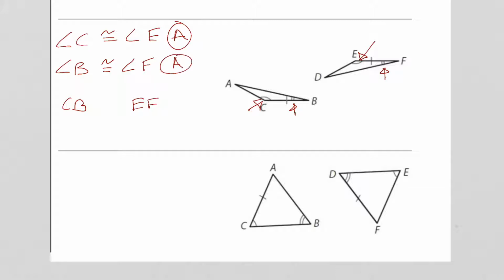There's our angle and our angle. And it does appear that these are congruent, right? They are congruent. But if you can tell by the tone of my voice, there's something that's not right about these two sides. And the thing that's not right is these are included sides, right? Included.